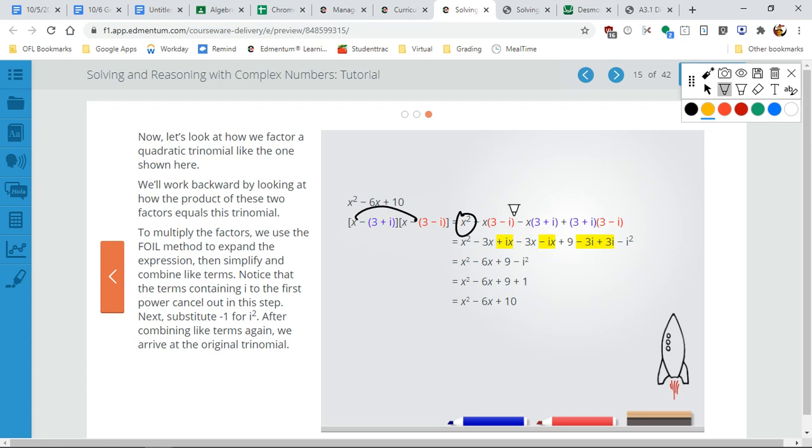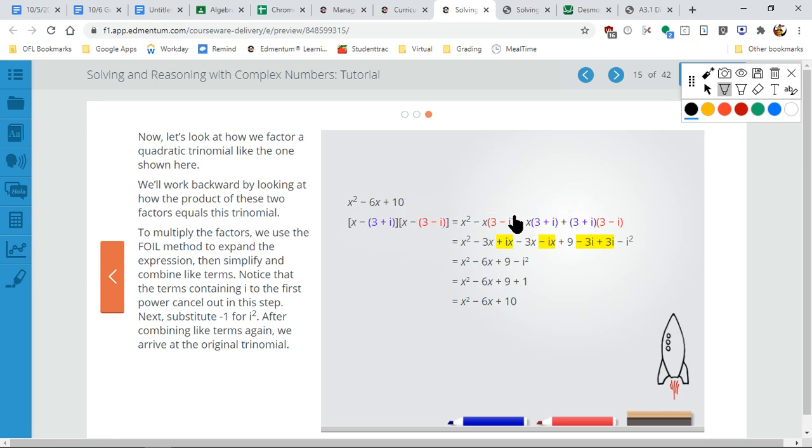Then outer, which is how we got this part right here. Then inner, which is this combined with that, which gives us this part. And then last, which is this one and this, which is why this turns positive, because we have two negatives there.